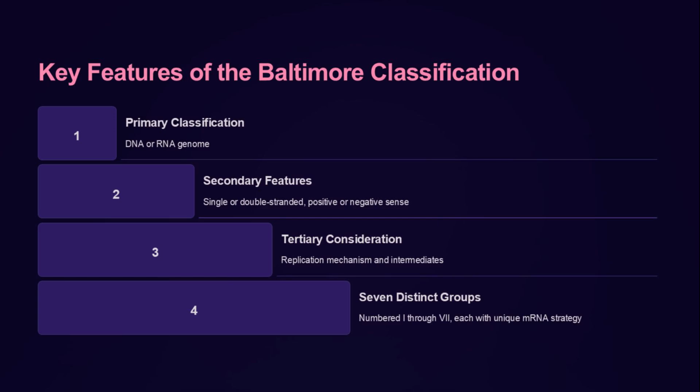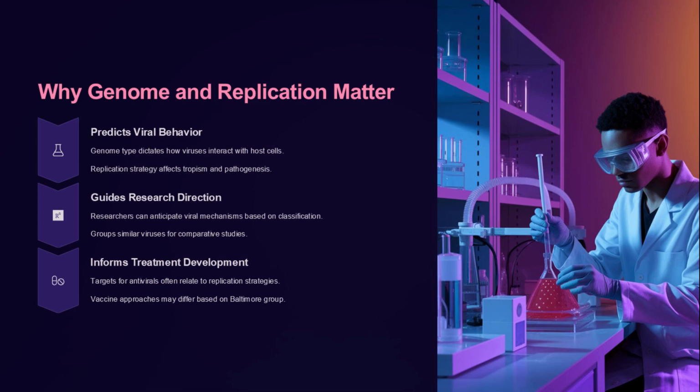The tertiary considerations examine the virus's replication mechanism and intermediates. Each of the 7 groups has a unique mRNA strategy for expressing its genetic information. Understanding this classification system helps us better comprehend the diversity and biology of different viruses. The genome and replication strategy of a virus are key factors that determine how it interacts with and infects host cells.